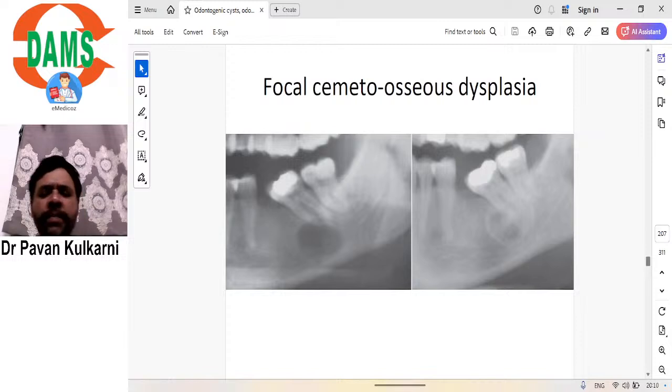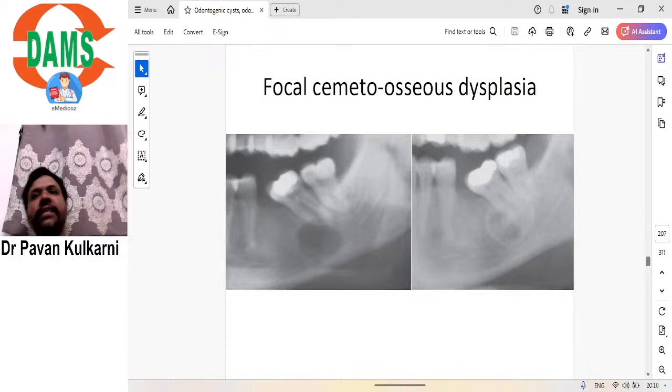Now this is focal cementoosseous dysplasia, where you can see that in one particular area the bone destruction is there. There is osteolysis. Because of this, you can see a radiolucent area that is focal, related to one particular tooth only.